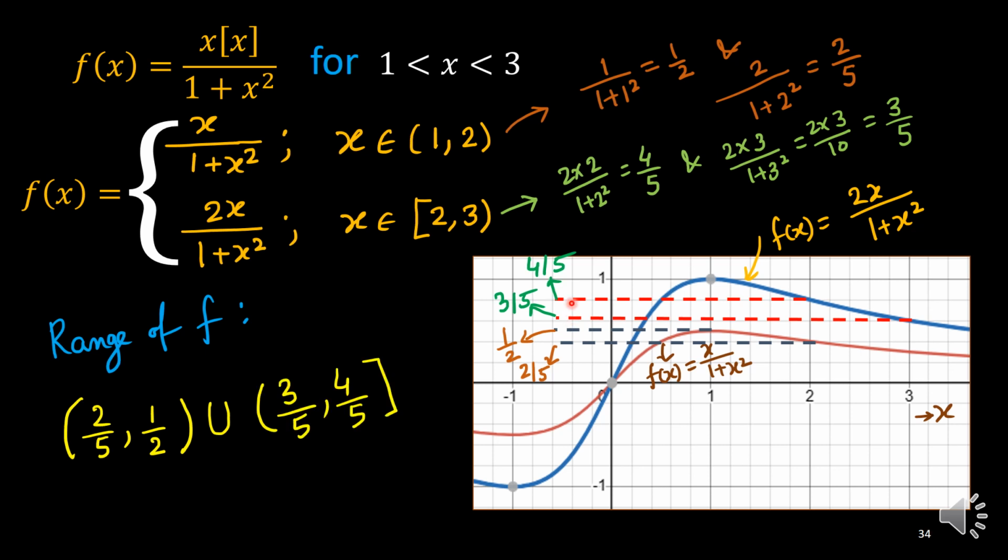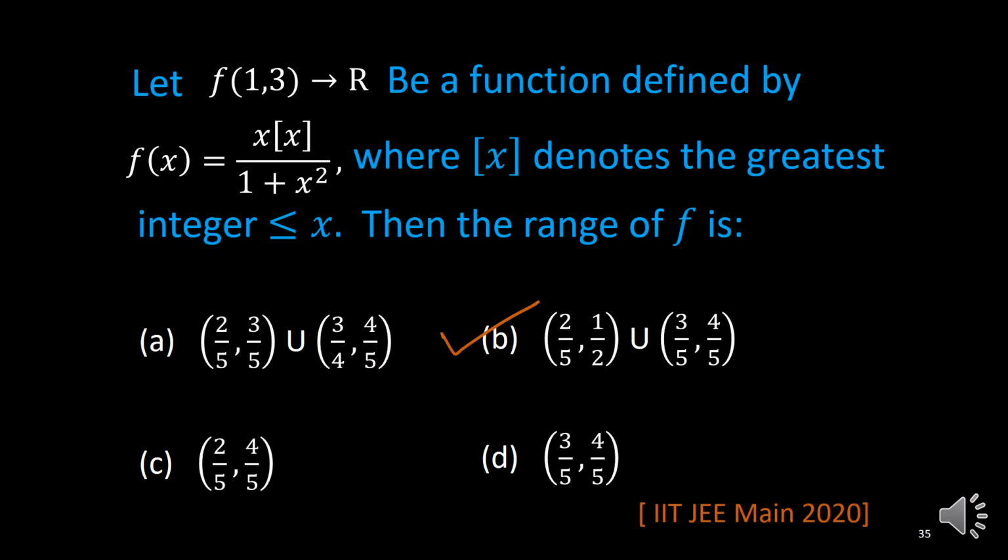The range is 3 by 5 to 4 by 5, closed, including 4 by 5, because 2 is included. So this is the range of this function. For this problem, these 4 choices are given, and this is the closest one. The only thing is that the square bracket, the included end, is not given, but exactly it should be included. I hope you have got this concept.